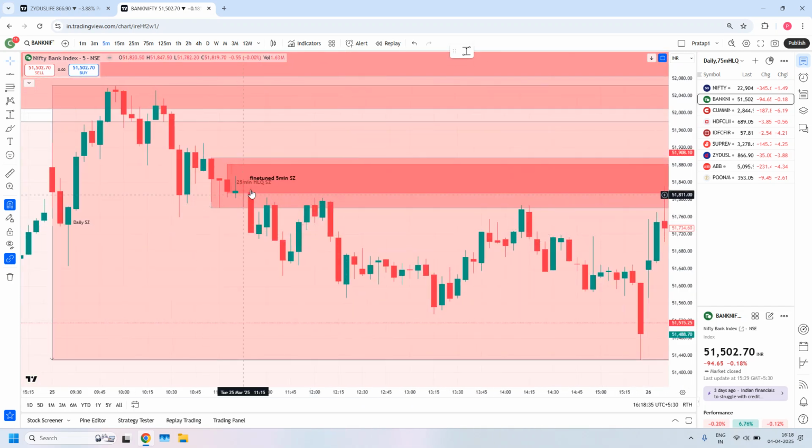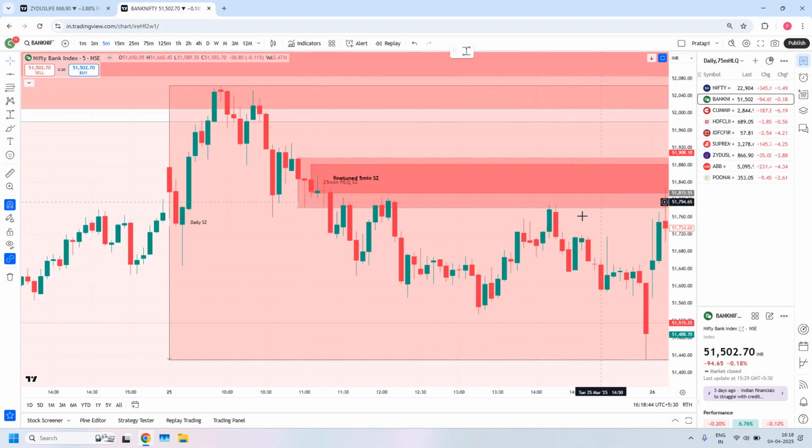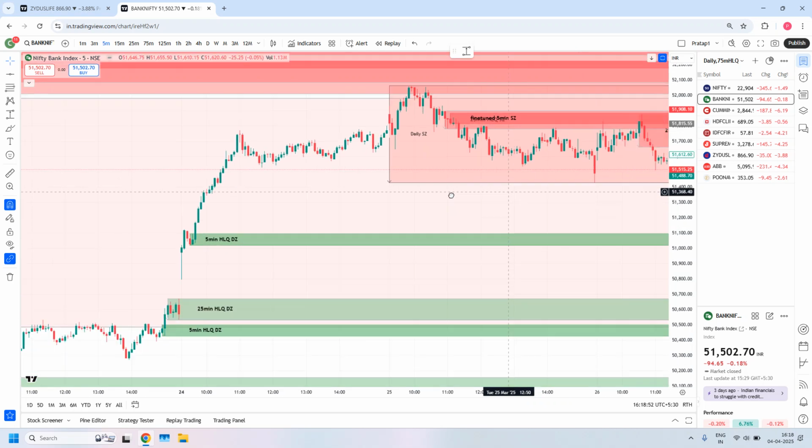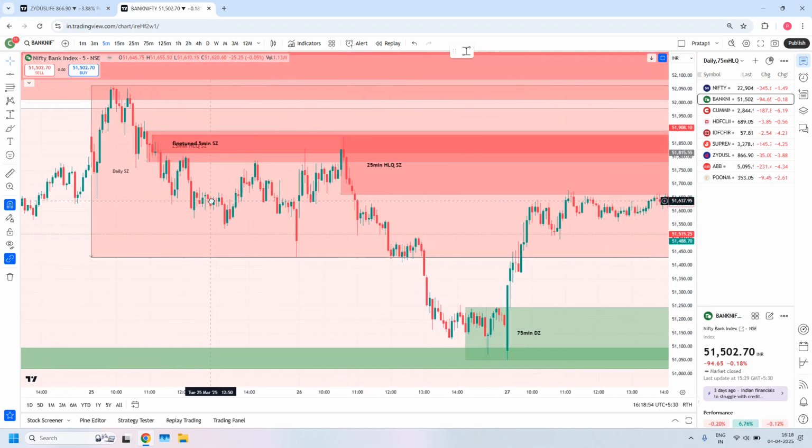See here, we have a fine-tuned 5-minute supply zone. Actually, this is a high liquidity zone because it is supporting multi-testing. But this is inside a 25 minutes high liquidity supply zone, which is inside a daily supply zone. And again, this fine-tuned 5-minute supply zone is also the horizon to this 25 minutes high liquidity supply zone.